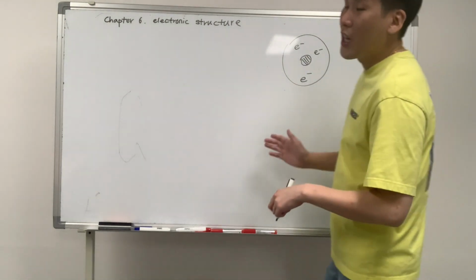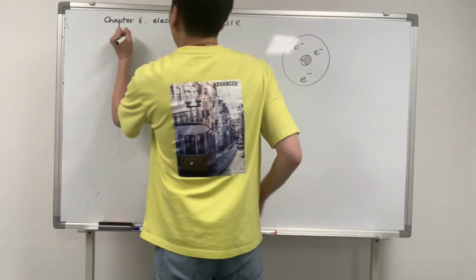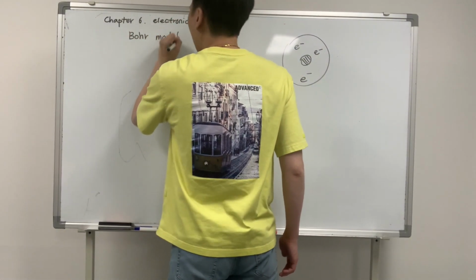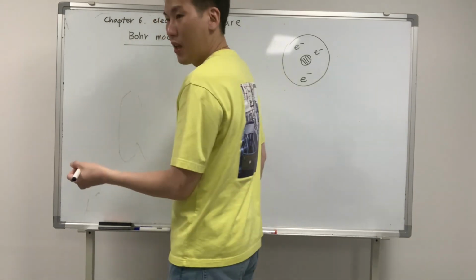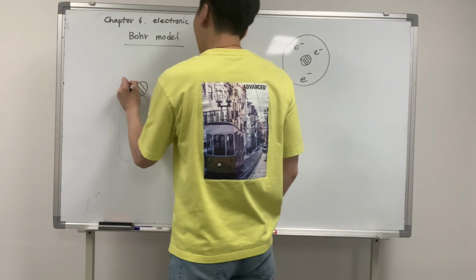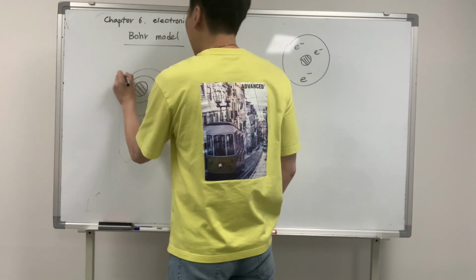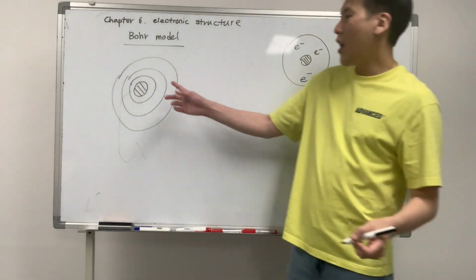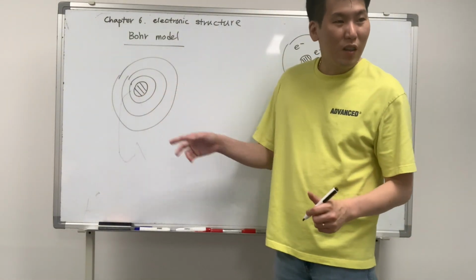Now the next guy is Bohr. The Bohr model looked like this, just like planets around the sun. There's a nucleus in the middle.